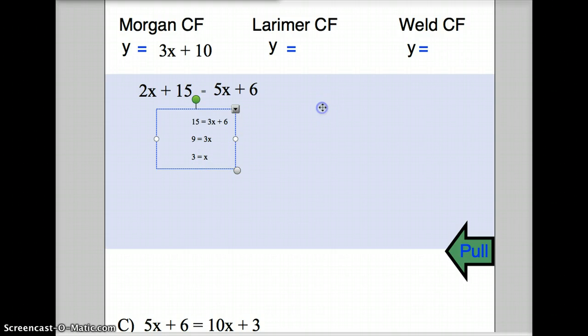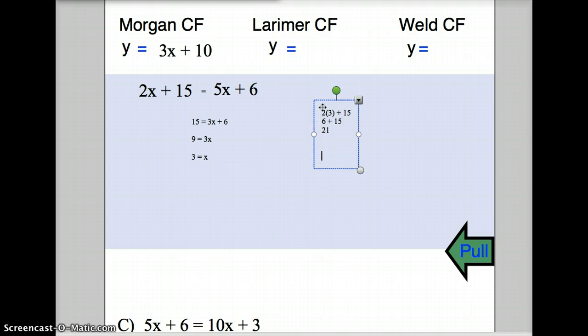When we plug that into both of our equations, 2 times 3 plus 15 is 6 plus 15, or 21, and we have to check that in the other one. 5 times 3 plus 6 equals 15 plus 6, which is 21.